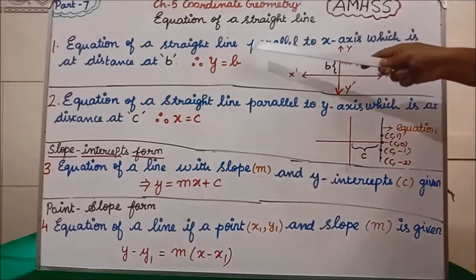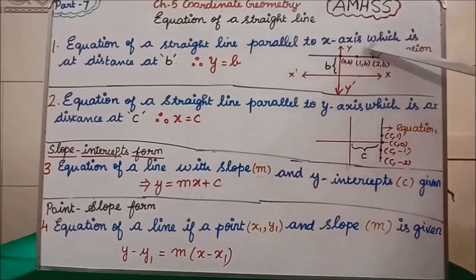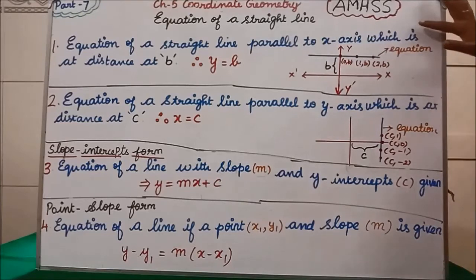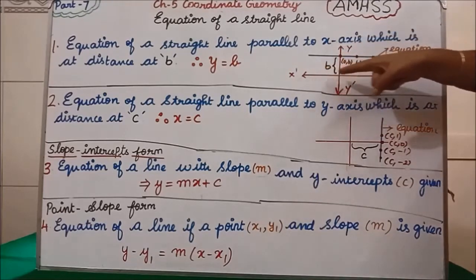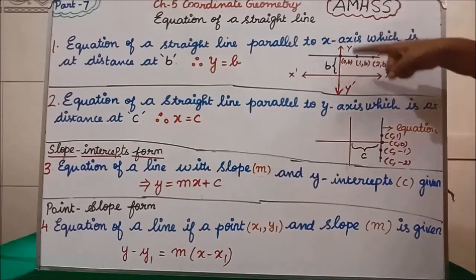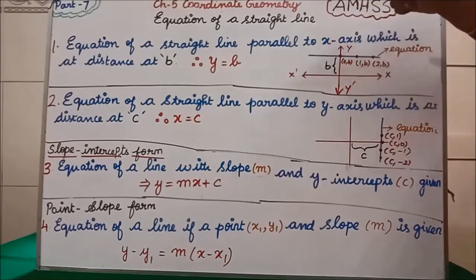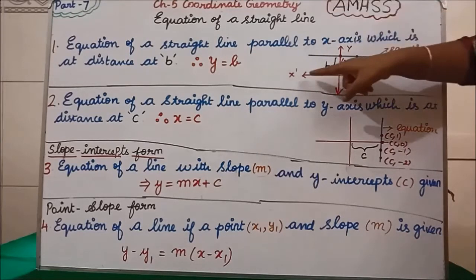Equation of a straight line parallel to the x-axis, whose distance is b. See, this is our y-axis, this is our x-axis. In the question they are saying to draw a straight line parallel to the x-axis.